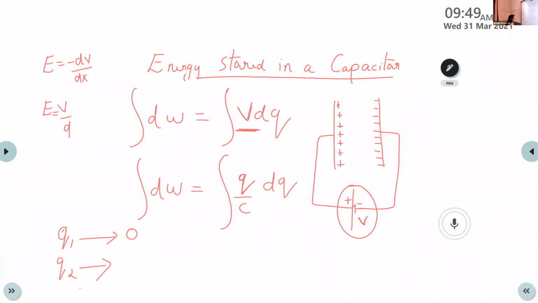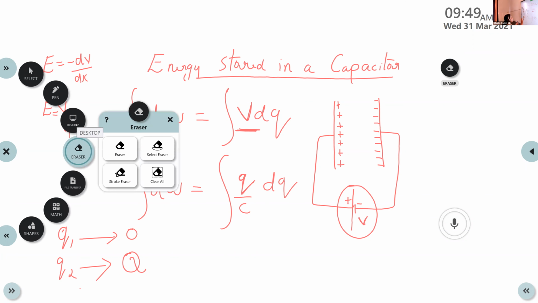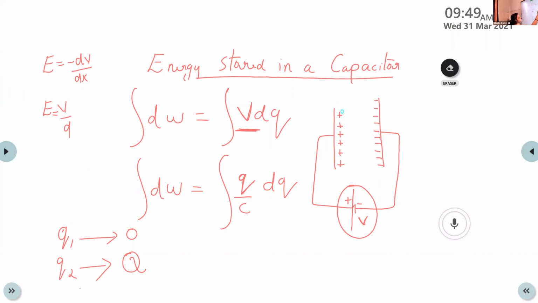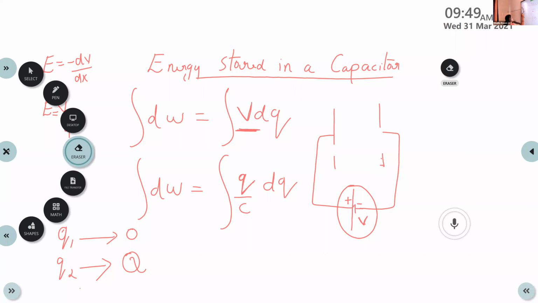And whenever we are charging this capacitor, finally it attains a charge of capital Q. Here we cannot draw these symbols because initially the capacitor does not contain any charge. After that it becomes fully charged.